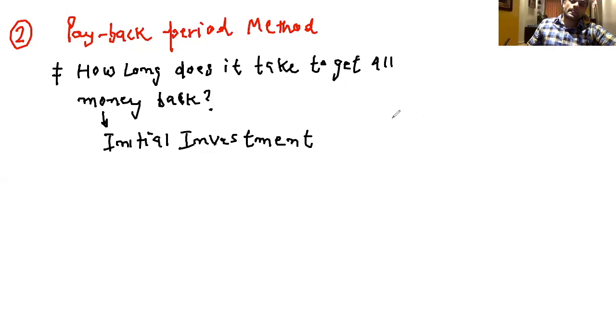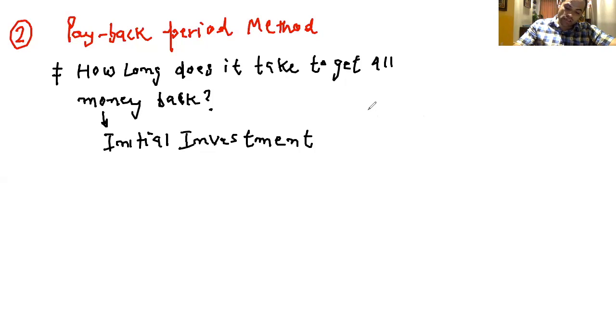And remember, if any project has a higher or bigger cash inflow, in that project you recover money faster. For example, let's say you invested $10,000. Your initial investment is $10,000.